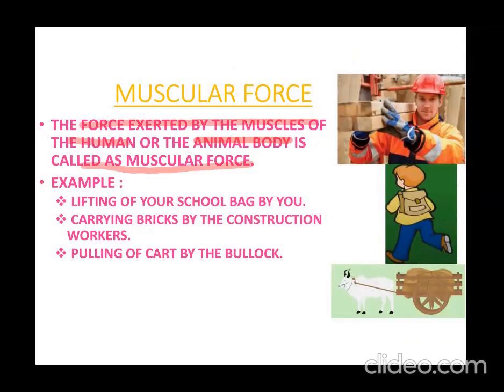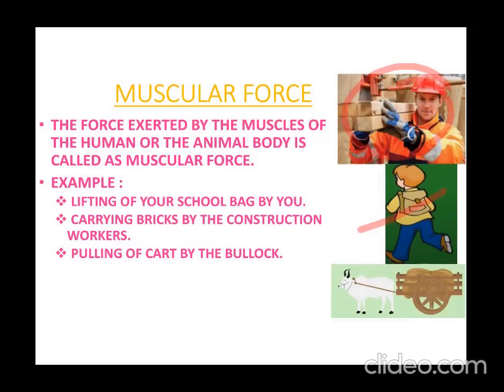So children, you might have seen that at the construction site, the workers carry bricks, they carry wood, they carry cement, and so on. So what are they applying? They are applying force by the muscles. So that is an example of muscular force. Children, when you're lifting your school bag, you are applying the force with your muscles.